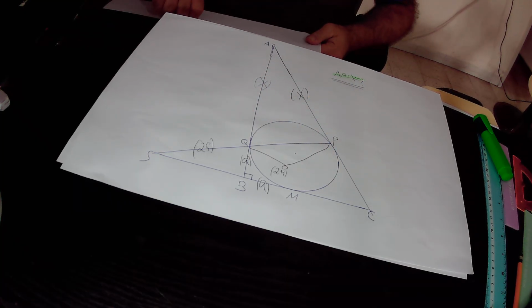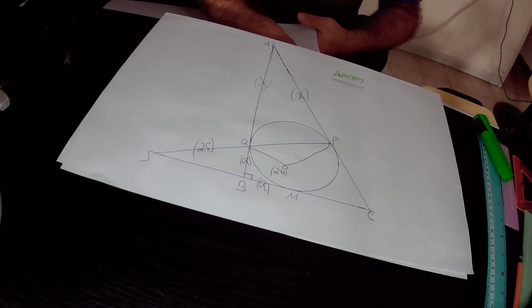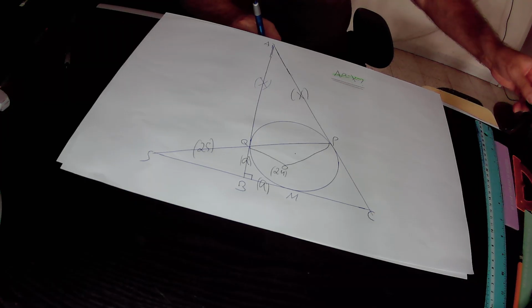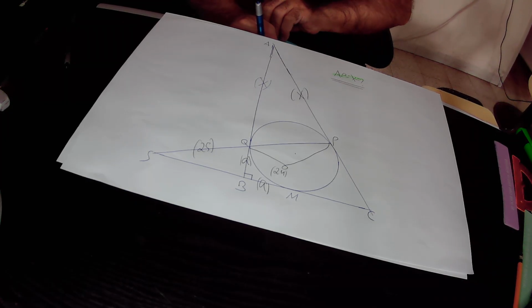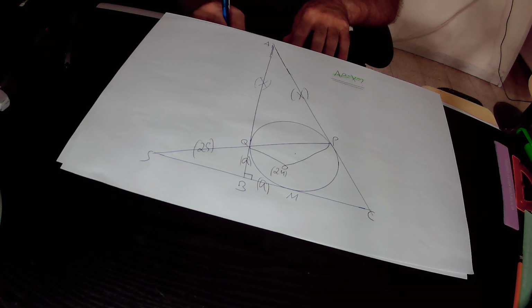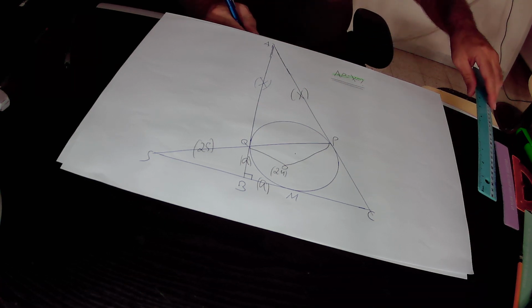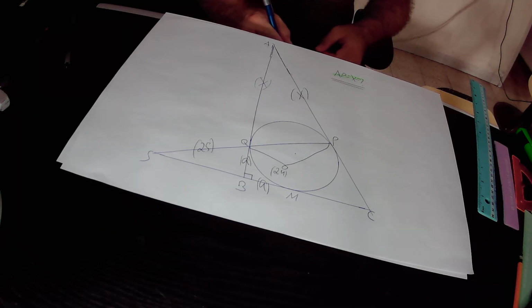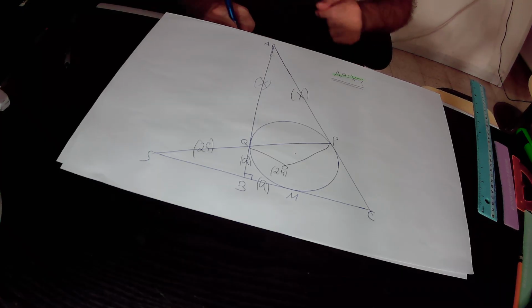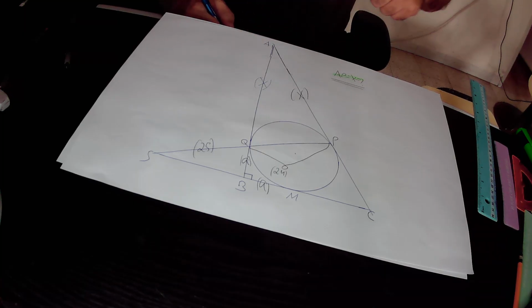Now write it down according to rule 10. If you focus on the common start point S, the following equation is true: SM square equals SQ times SP.